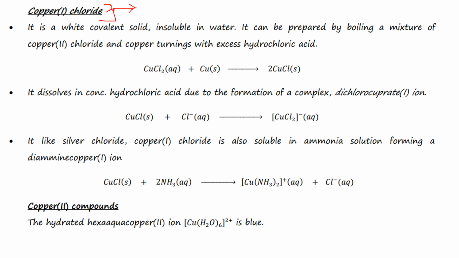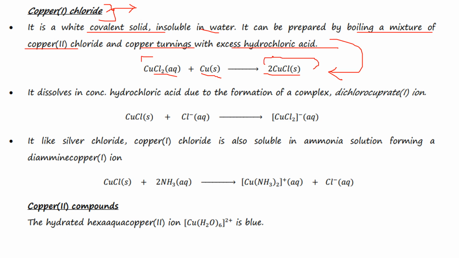So copper 1 chloride is a white covalent solid and it's insoluble in water, and it can be prepared simply by boiling a mixture containing copper 2 chloride together with copper turnings in hydrochloric acid as a medium for the reaction to take place. So copper reduces copper 2 chloride to give us copper 1 chloride, a white covalent solid, though it's not commonly stated, but you need to know its chemistry.